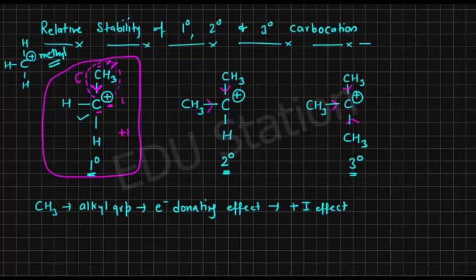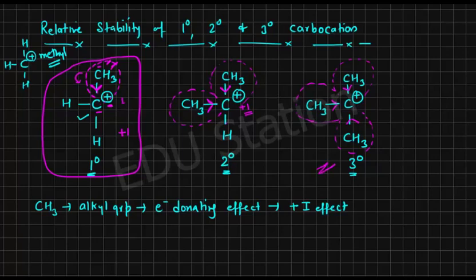In case of secondary, this plus 1 charge is getting electrons from 2 groups. So, this plus 1 will become even less and the positive charge will spread in this much region. In case of tertiary, if all the alkyl groups are giving electrons, this positive will spread in this entire region. An alkyl group decreases positive charge by giving electrons.